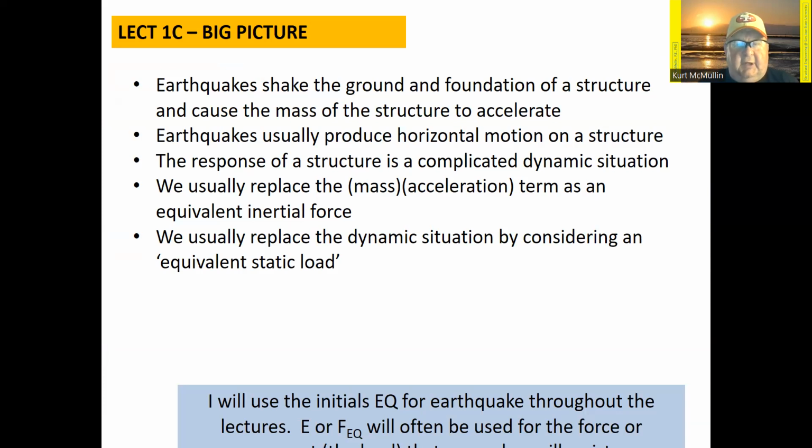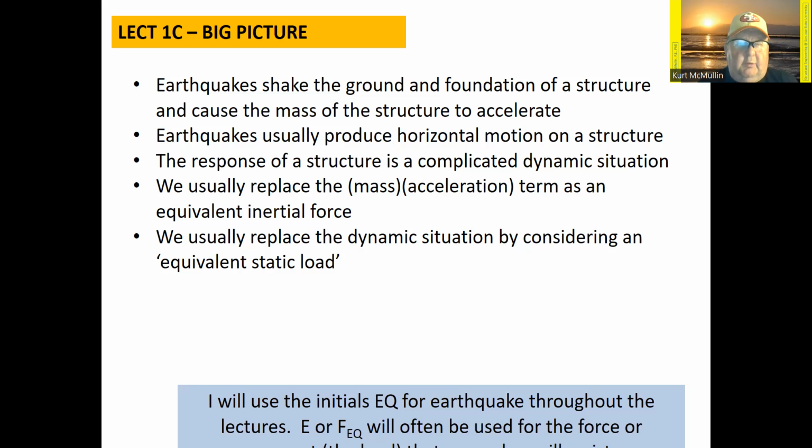Inertia wants to hold the main structure in its original position, but the foundation literally gets pushed to one side. Now that causes bending of the columns, beams, walls, whatever, which then pull the main structure horizontally and begin to accelerate it in a horizontal direction.